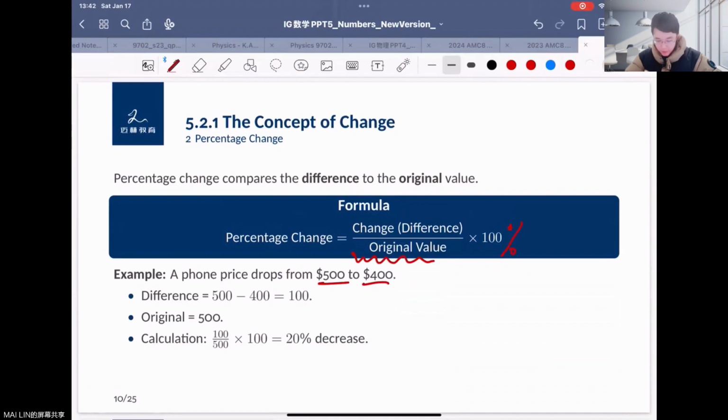First write down the difference, 500 minus 400 is 100. The original value is 500, right? So the calculation is 100 over 500, and then times 100%. Here we get 20%. So we can say we have a 20% decrease.